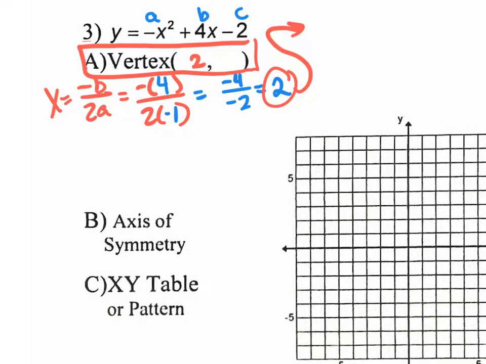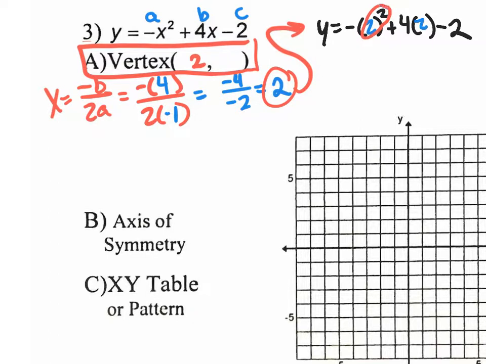Y equals negative x squared plus 4x minus 2. And I am plugging in the x value of 2 right in there. And you could use the Casio calculator and type it in exactly the way it is, with parentheses and with the exponent, and it should give you the y value. I like to actually work things out.